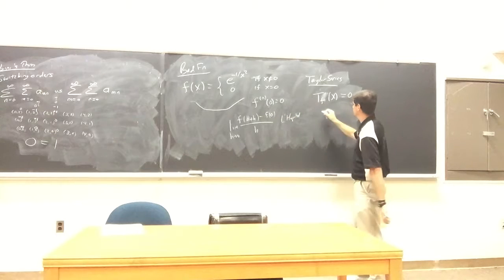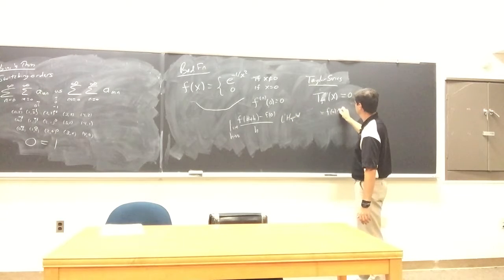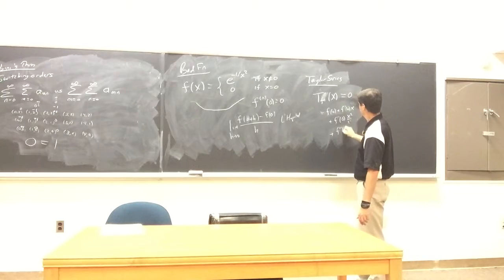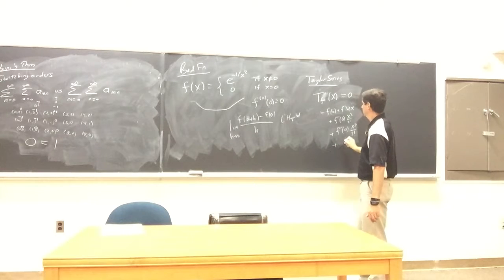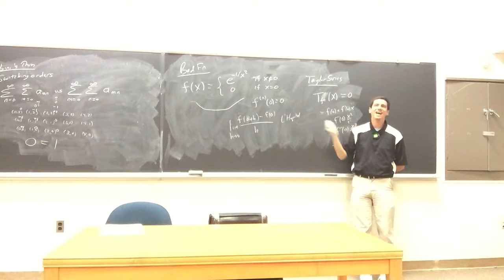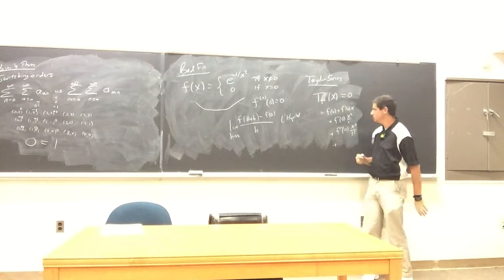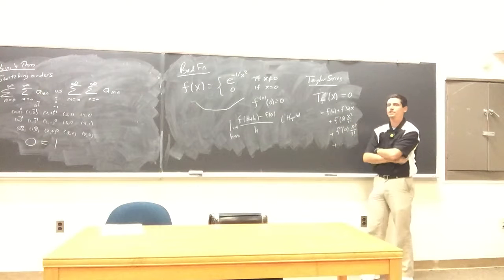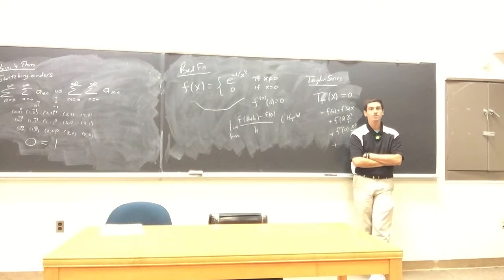If you look at the Taylor series, it is just f of 0 plus f prime of 0 times x plus f double prime of 0 x squared over 2 factorial plus f triple prime of 0 x cubed over 3 factorial, yada, yada, yada. It's not surprising that the Taylor series agrees at the origin. It has to agree at the origin. When x equals 0, everything else vanishes and I have f of 0. What this tells you is this is the only point where they agree, even when I'm using infinitely many terms.